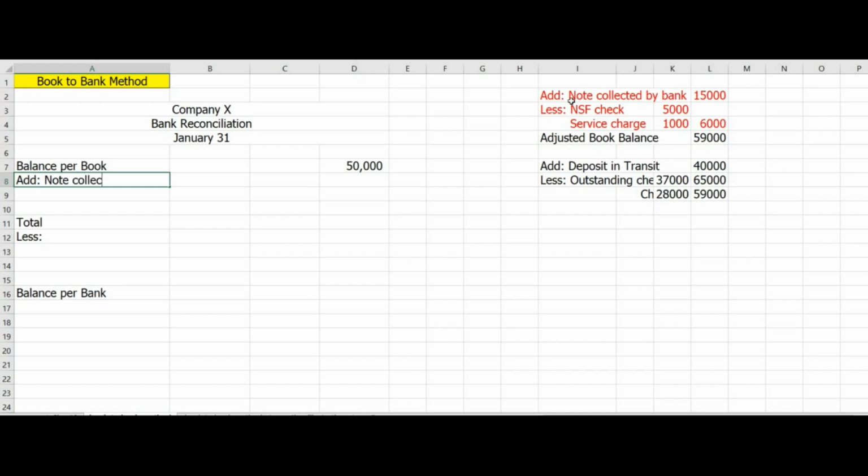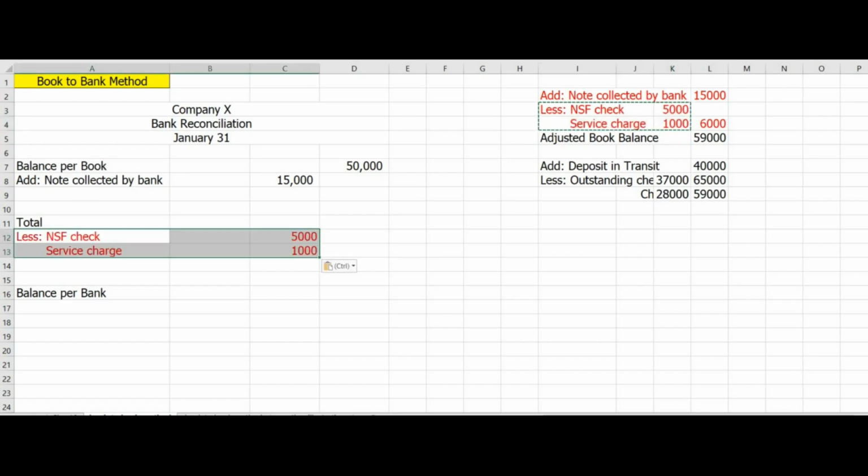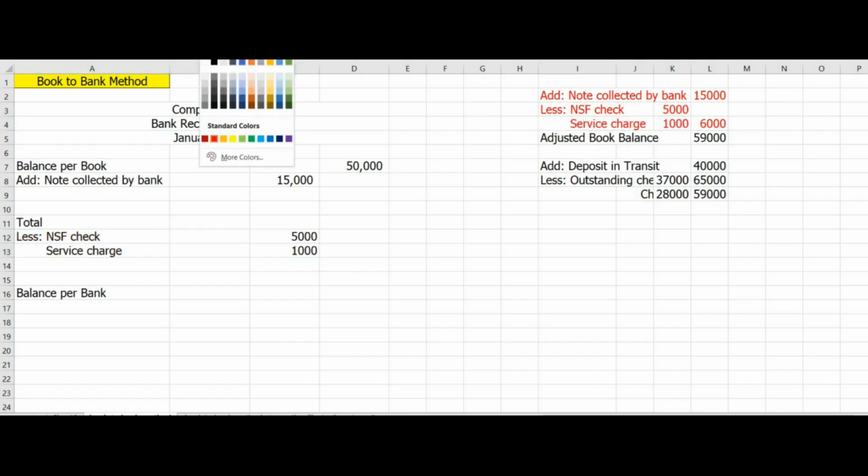That's 15,000. Whereas our NSF check and your bank service charge, of course, we deduct, the same as in our adjusted balance method.